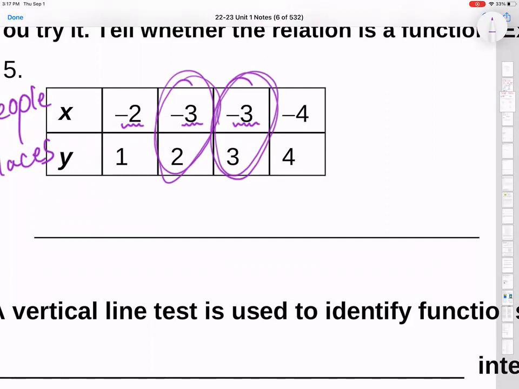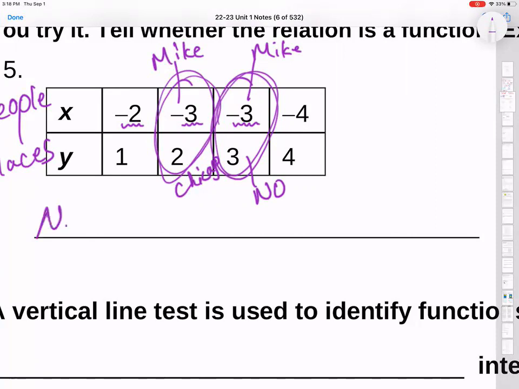Again, an analogy: Mike is trying to go to Chicago, and then Mike is trying to go to New Orleans. He cannot do that. Mike can only go to one place. He can't go to two different spots at the same time.